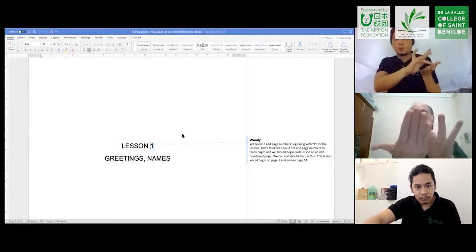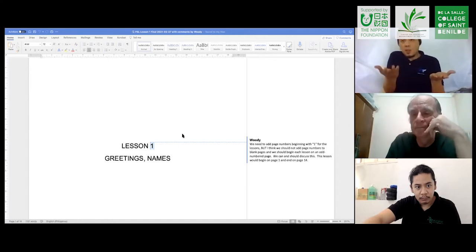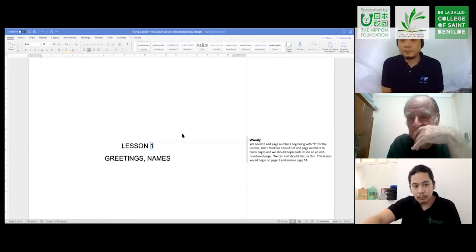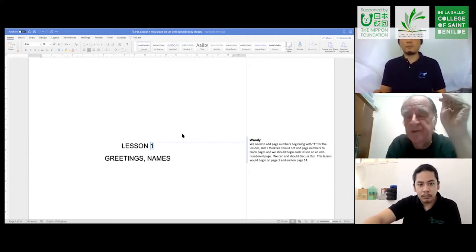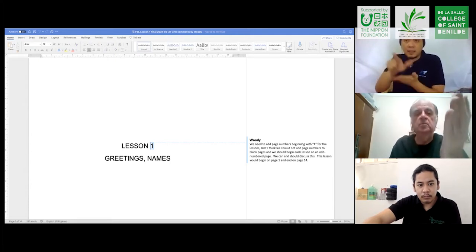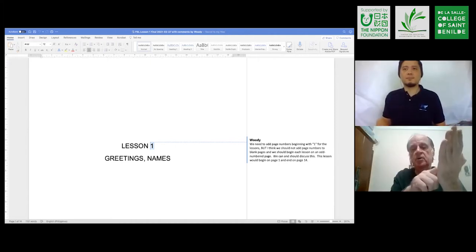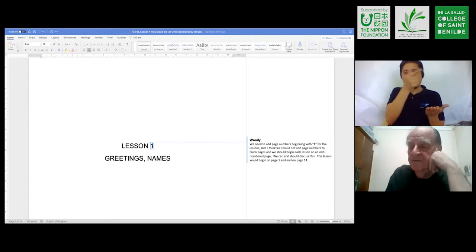And on the right-hand side, you'll see the new lesson number and the new lesson title. This lesson happens to end on page 14, on the left side of the book. Then on the right side for lesson 2, we'll start with page 15.